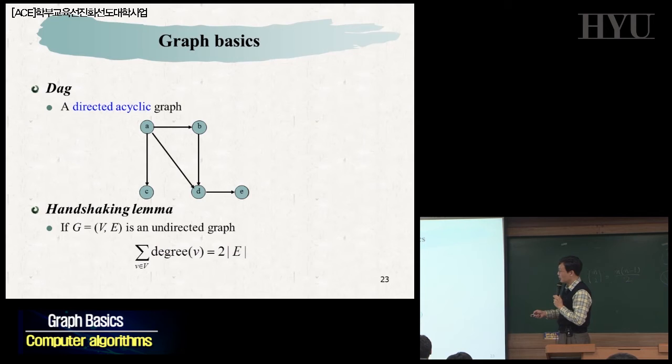And the handshaking lemma. If a graph is undirected, then the sum of degrees of all vertices is the same as twice the number of edges. Try to understand why it is true.